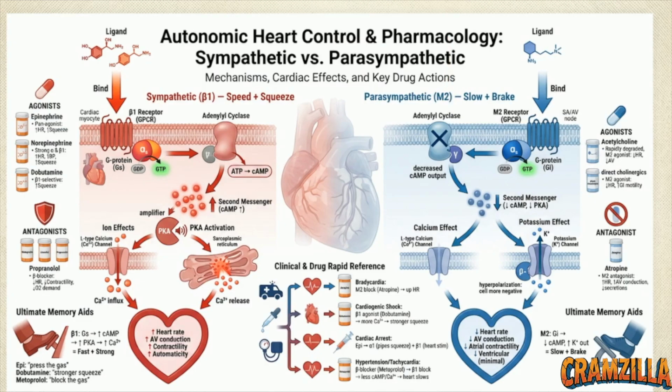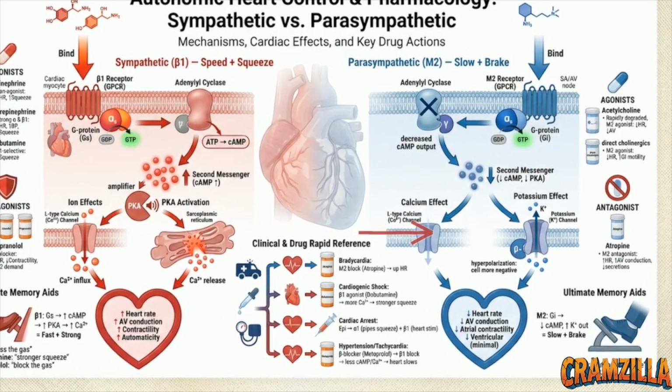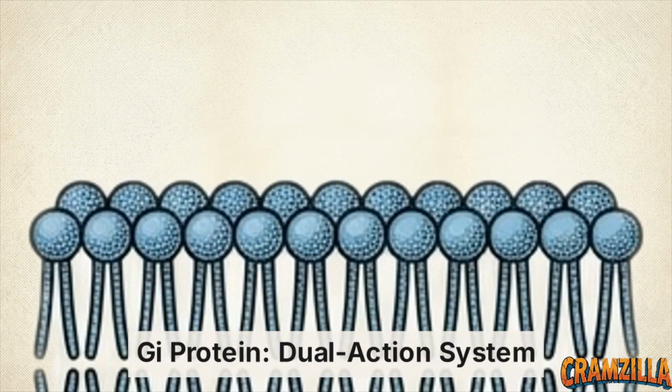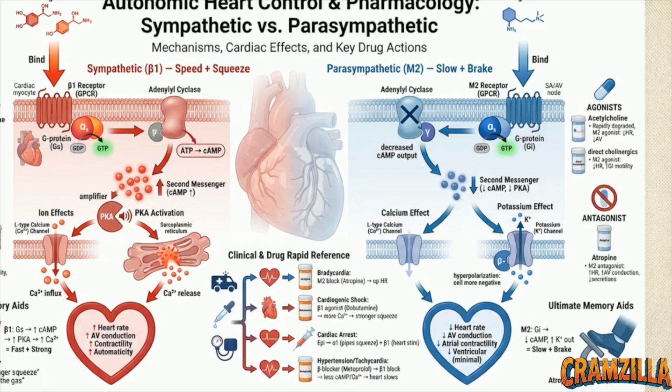This causes a severe, immediate drop in cAMP and PKA production, which indirectly decreases the amount of calcium entering the cell. The G protein operates a dual-action system, activating a second inhibitory mechanism through its beta-gamma subunit. While the alpha subunit shuts down adenylyl cyclase, the beta-gamma subunit migrates along the cell membrane to directly open potassium channels.